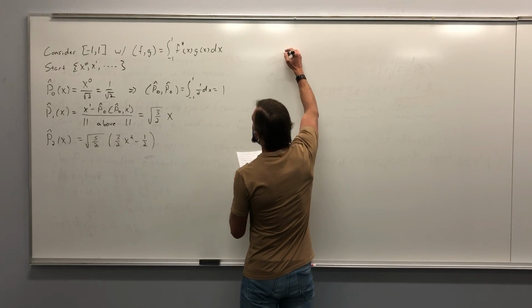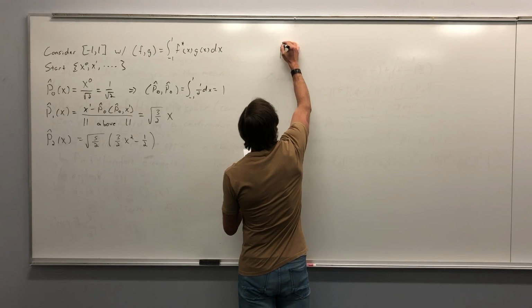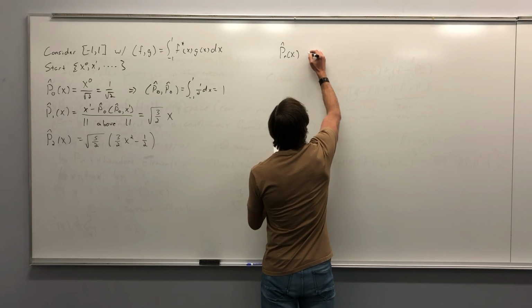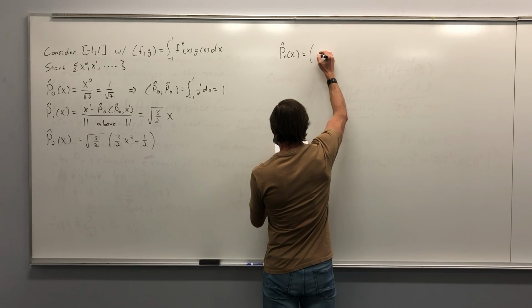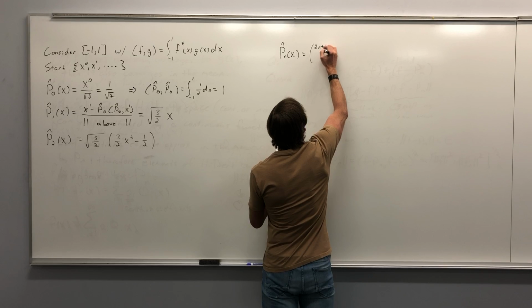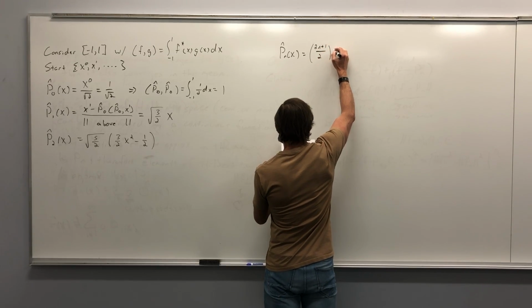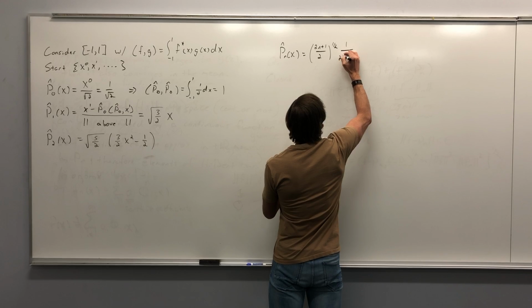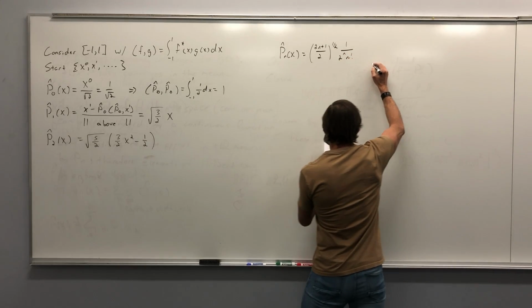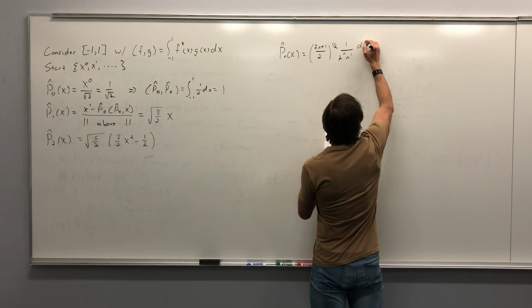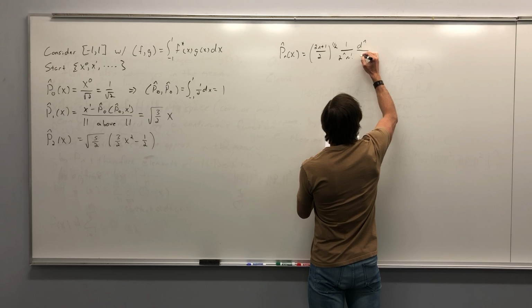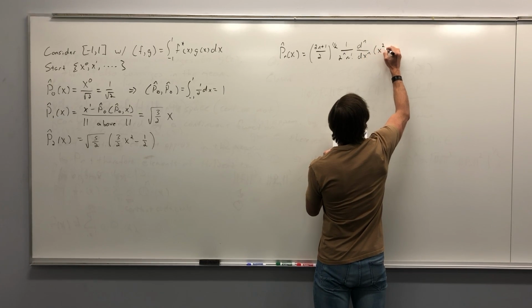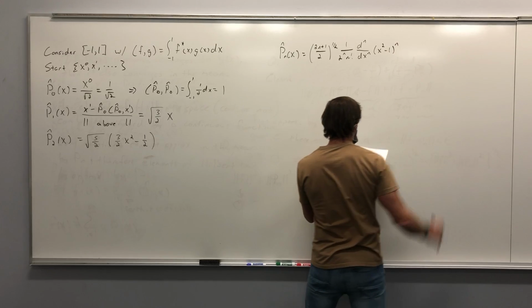It turns out we can actually encapsulate an arbitrary n in the following expression: square root of (2n plus 1 over 2) times 1 over 2^n n factorial times d^n/dx^n of (x squared minus 1)^n.